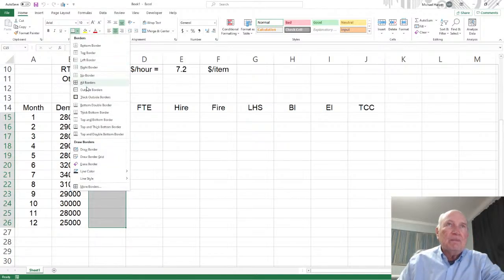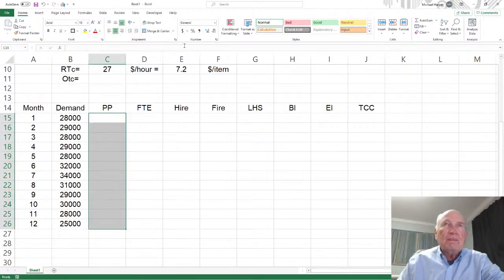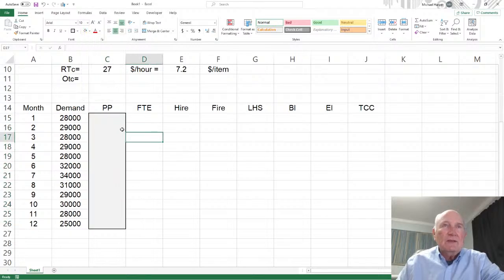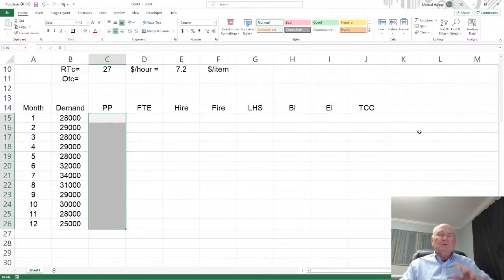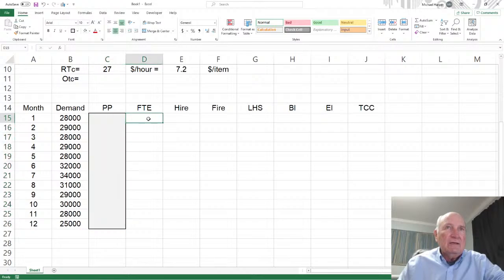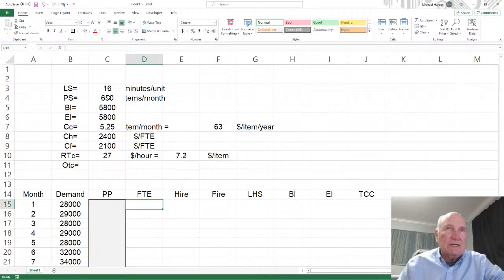Let me box this in, and then up here, let me shade it in. Here it is. Here we go. This is going to be one of my decision variables, one of the changing variables, one of the variables I'm going to be changing. Okay, but then to actually get my FTE, I have my production standard up here.